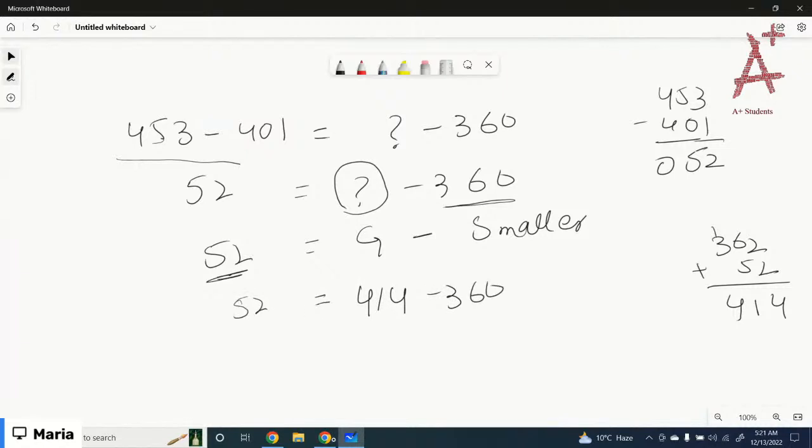Wait. You have to find the greater one. So for the greater one, you always have to add. For the smaller one, you have to subtract.